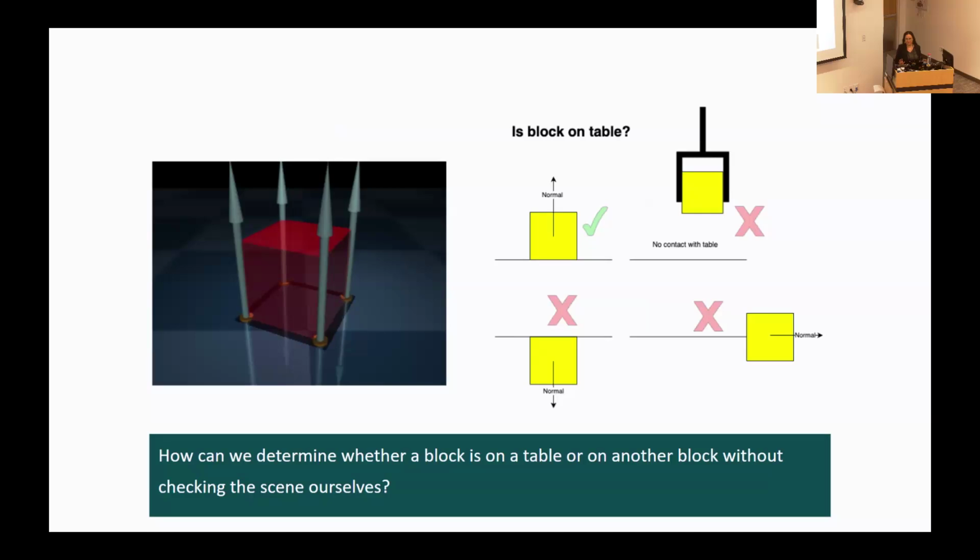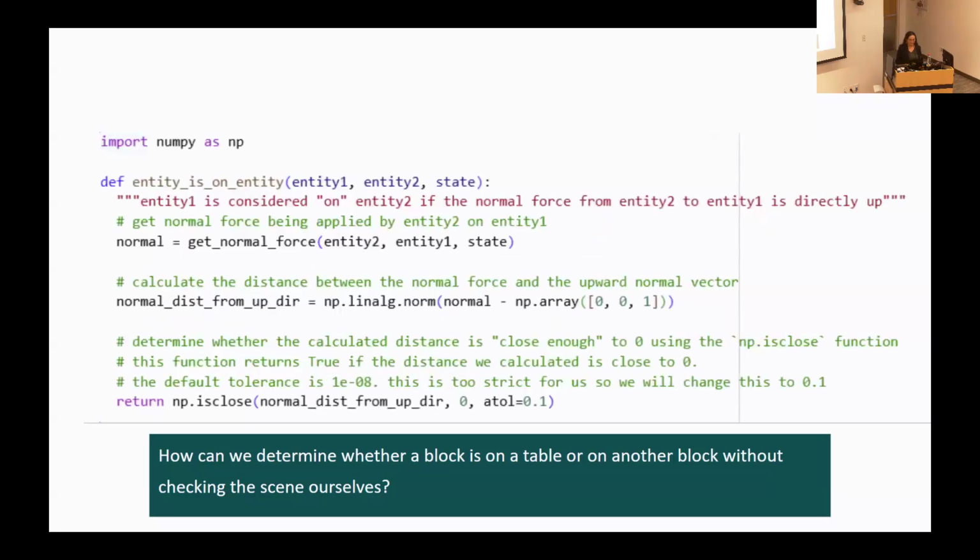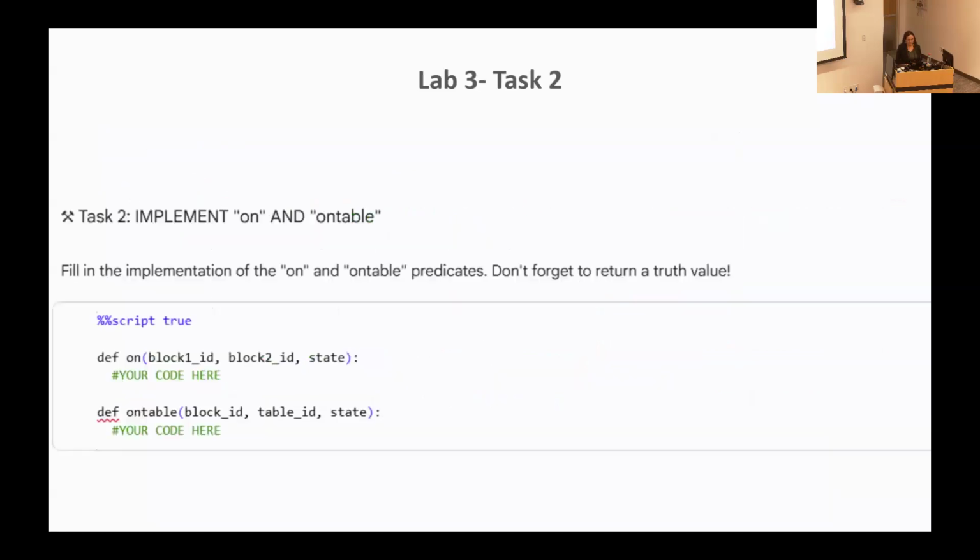Here, we're just going to assume that the simulator is giving us the normal forces that are active when the block is on the table, and we're going to use those to populate our state estimation, to understand whether an entity is on another entity.